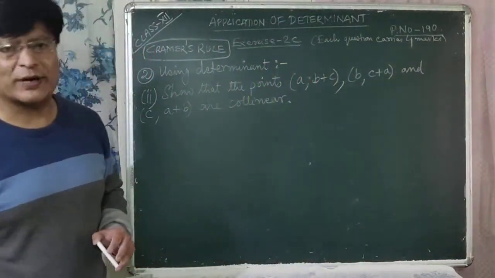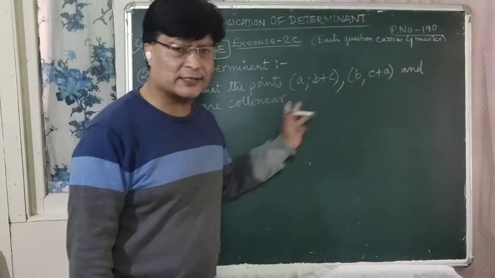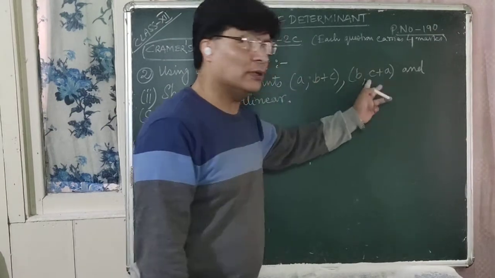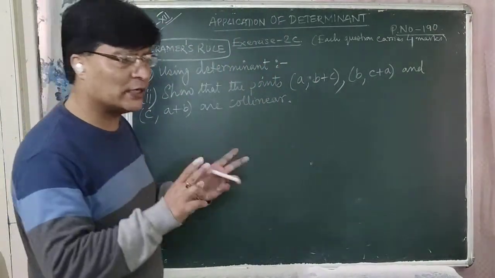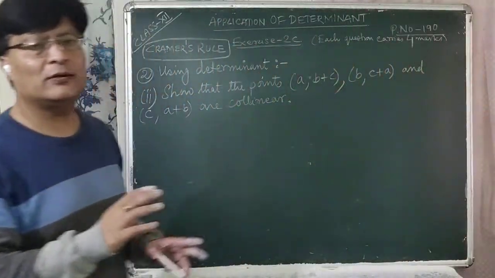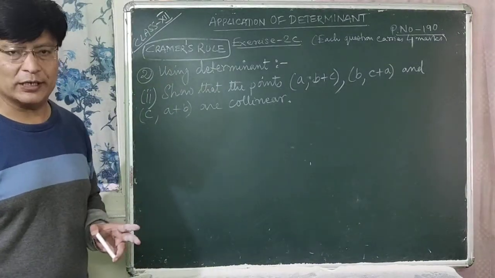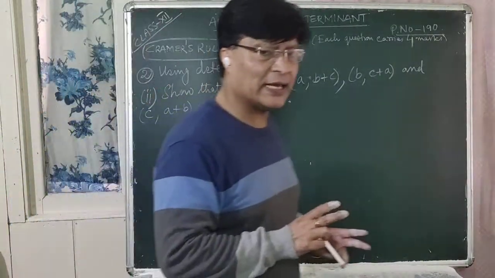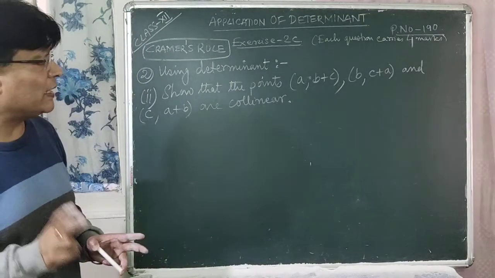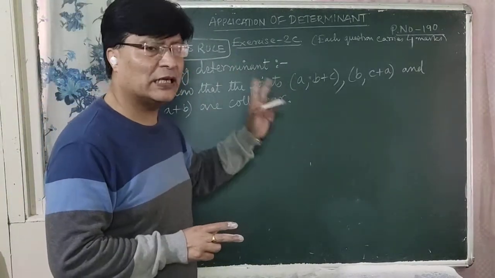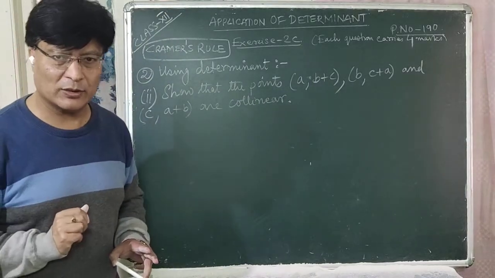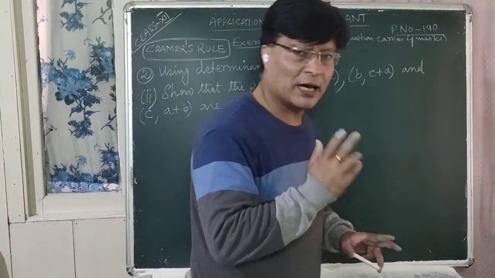So if the area of the triangle formed by these 3 given points as vertices is 0, then we can say that these 3 points are collinear. That means no triangle is formed out there.